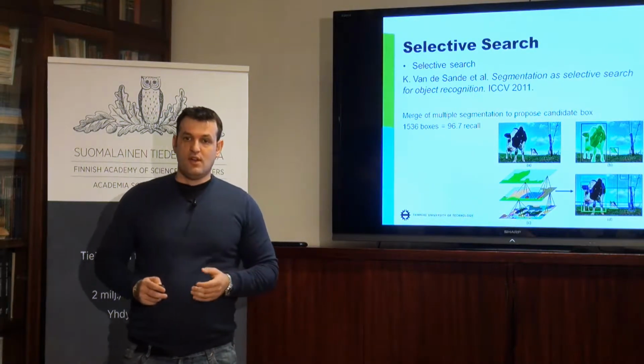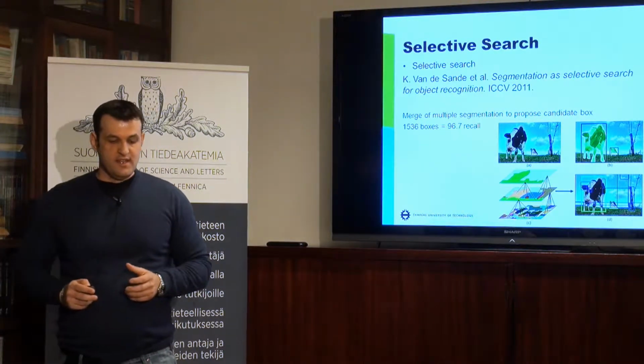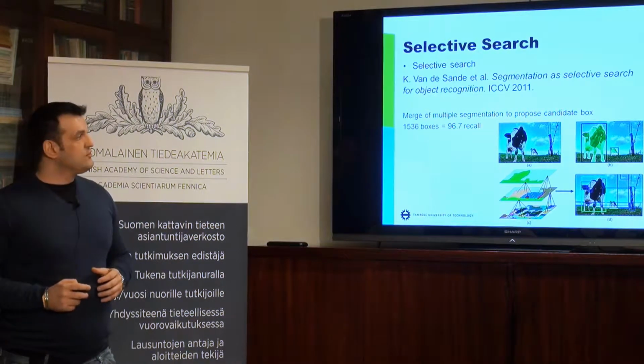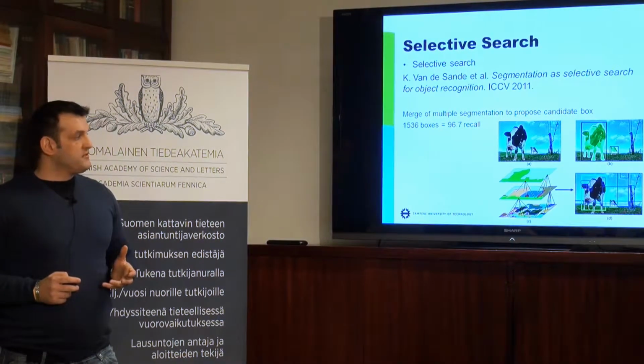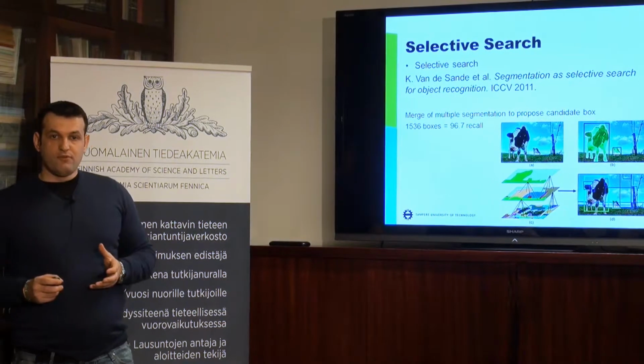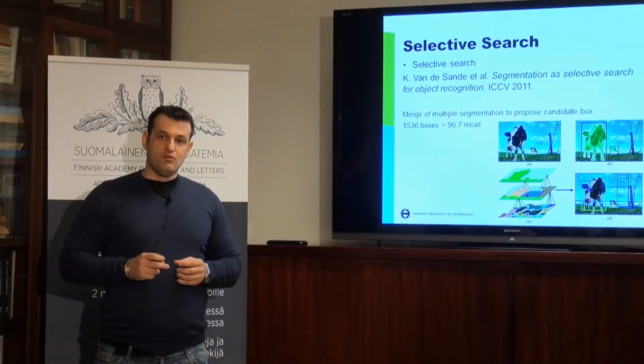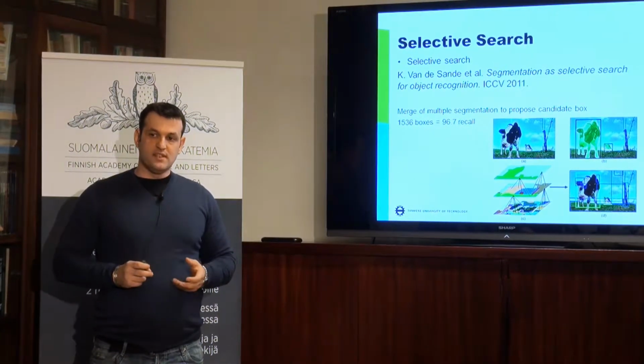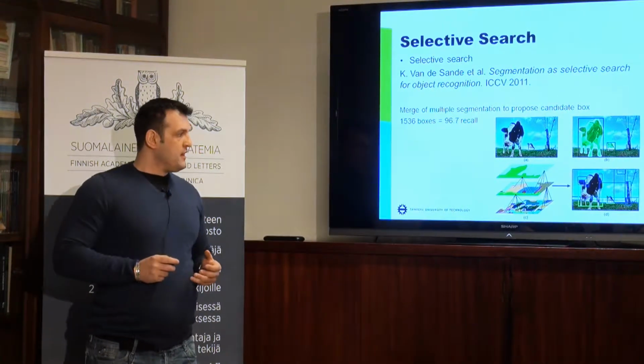There are two types of object proposal techniques. The first category exploits the observation that all objects are formed by smaller regions which are of relatively constant color. What does this mean?